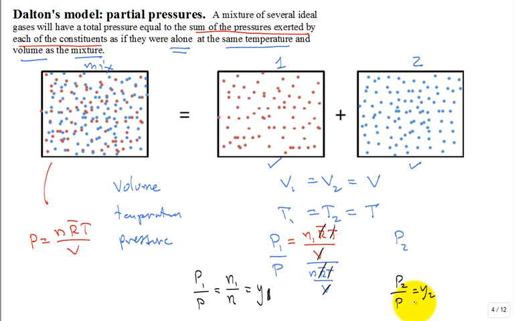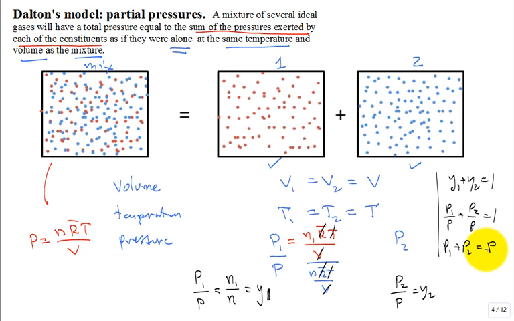If you only have two components, is it true that y1 plus y2 is equal to 100%? Sure. And you could generalize it to many more components, but what you find is that you could replace y1 by P1 over P, y2 by P2 over P, and so you get P1 plus P2 is equal to P. The sum of the two pressures, what we call the partial pressures, is equal to the total gas pressure.